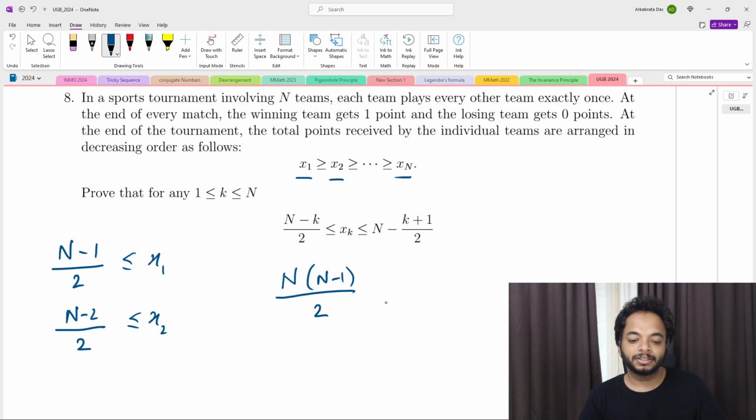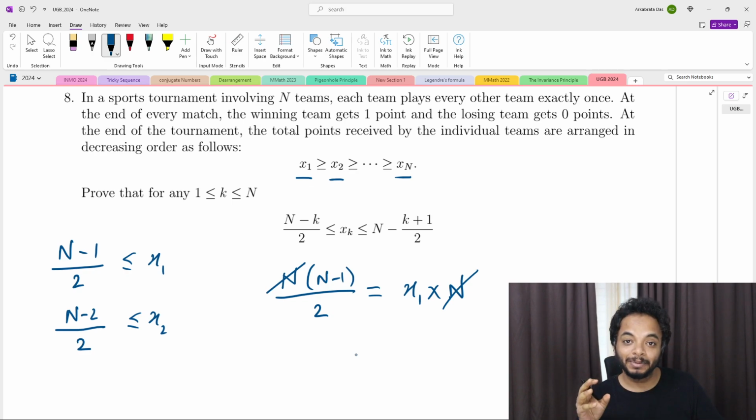That will be equal to x1 times capital N. Cancel out capital N and you get that the minimum possible value of x1 is (n minus 1) by 2.